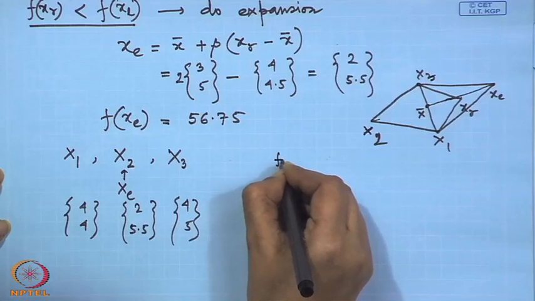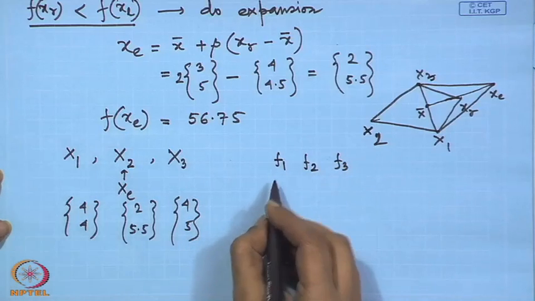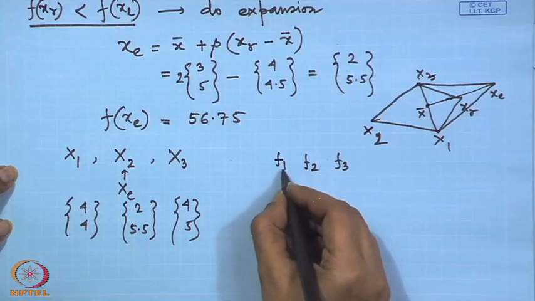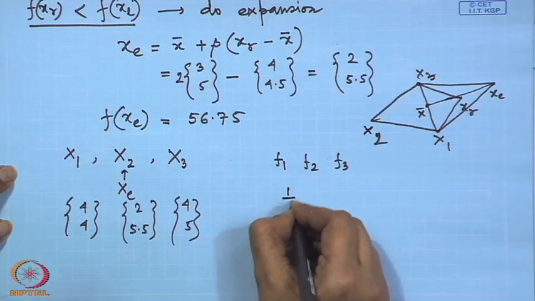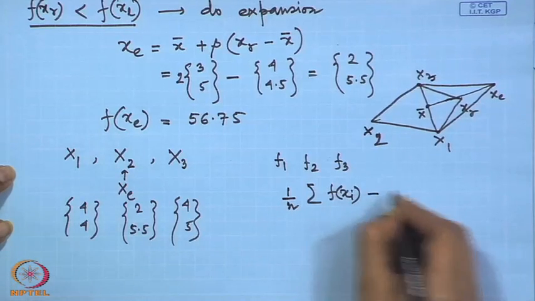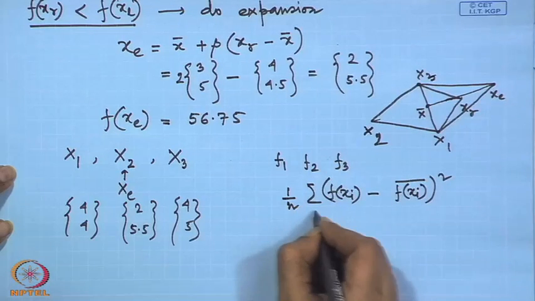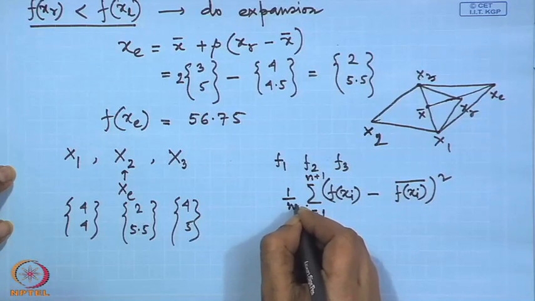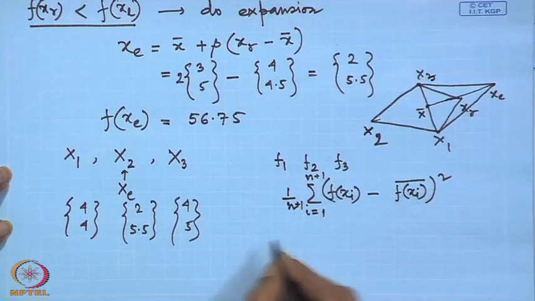Since we are having fx1 say f1, fx2 f2 and fx3 f3, the standard deviation can be found in this way: we will find the mean of these three, and the formula is 1 by n plus 1 into the summation for i equal to 1 to n plus 1 of fxi minus fx bar, whole square.